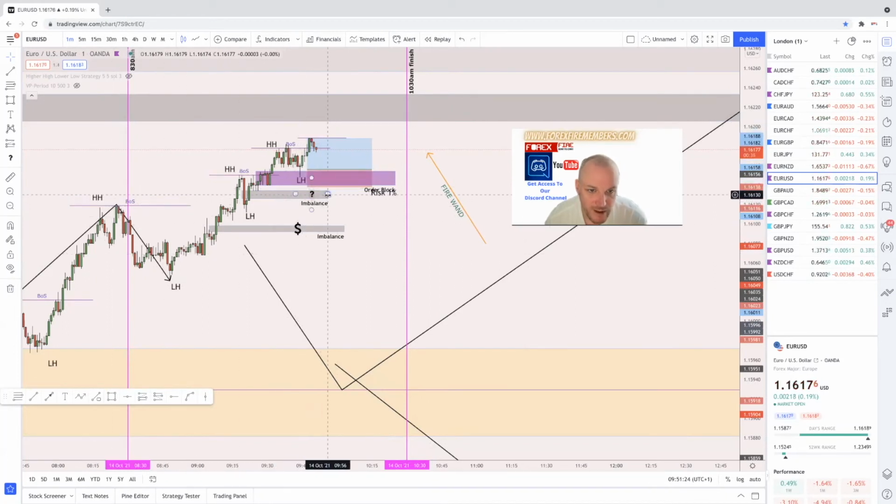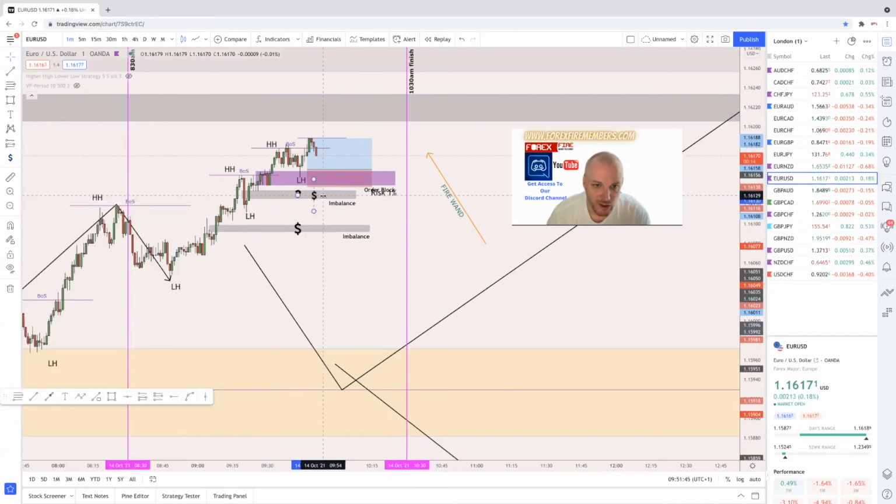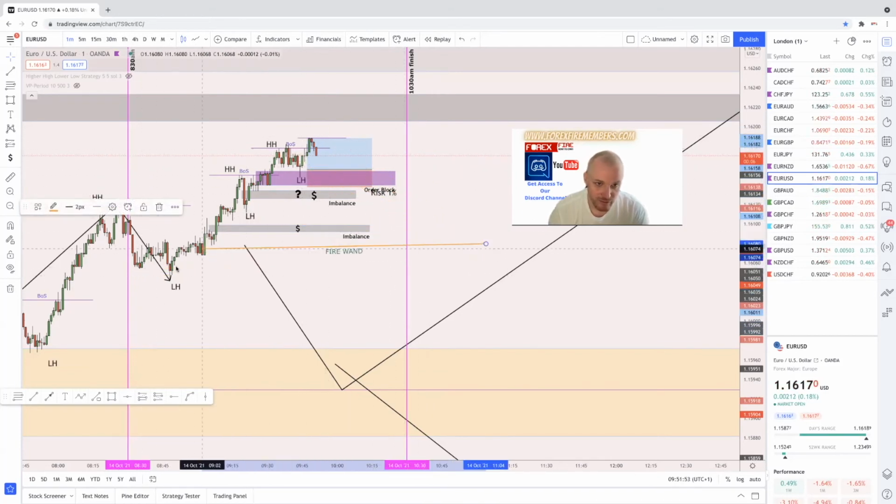And remember, we've still got imbalance underneath. And at the moment, we've still got imbalance here. Okay, so at the moment, we've still got price can come back as a footprint and want to take these lower sides out on this impulse move, if that makes sense.